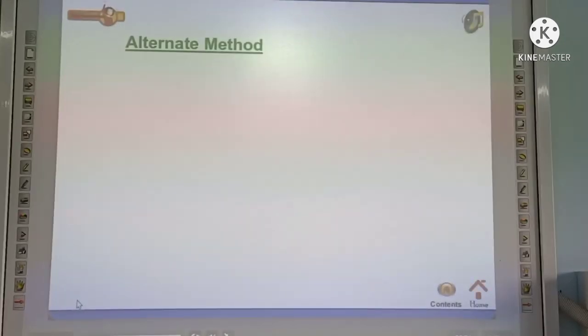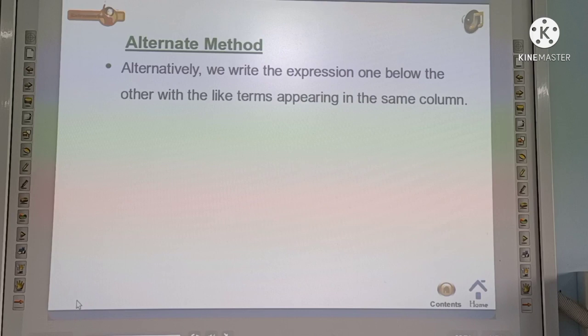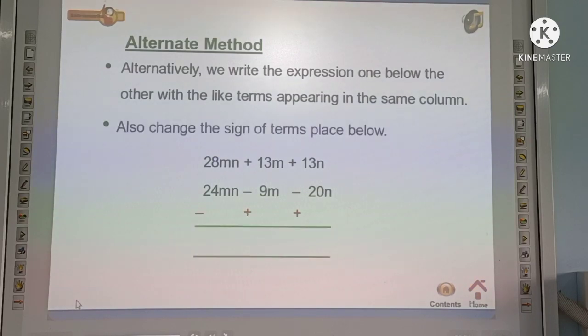We can also solve the previous problem by using an alternative method. In this method, we write the expressions one below the other with the like terms appearing in the same column as shown here. Now we change the sign of the terms placed below. Observe this step carefully.